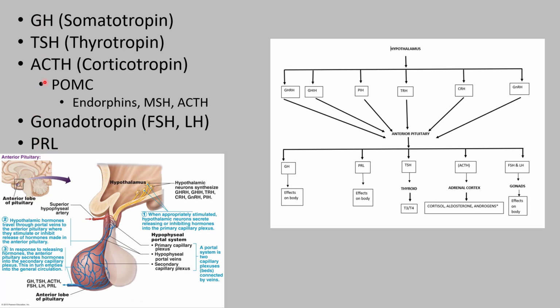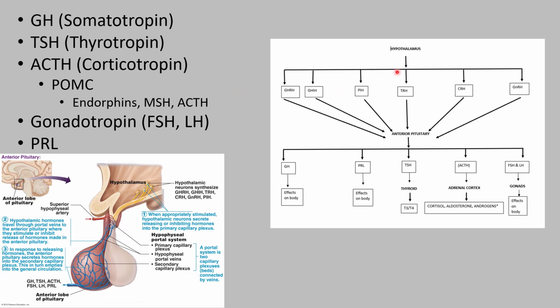So these 6 hormones, GH, TSH, ACTH, FSH, LH, and PRL, those are the anterior pituitary hormones that we see right here. Now, all of them are going to be stimulated by hormones from the hypothalamus or inhibited by hormones from the hypothalamus.